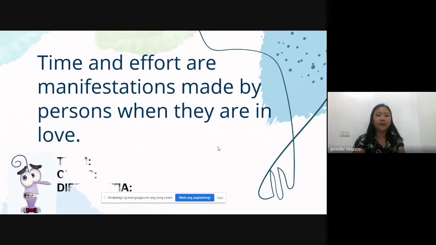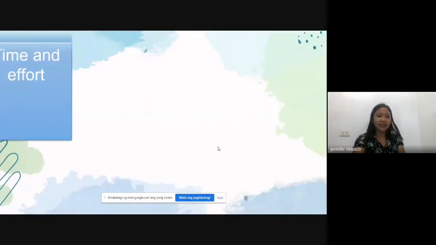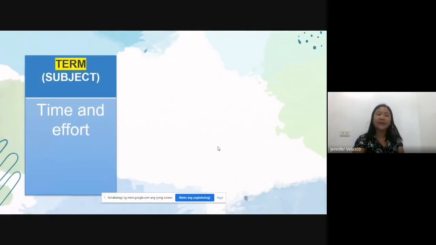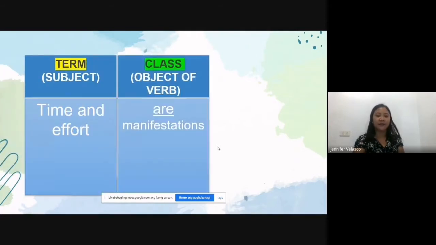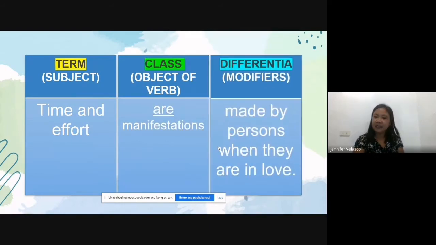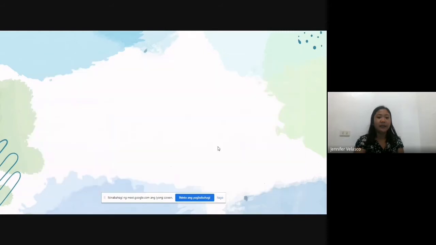Now, let's move. Here's the answer a while ago. The subject, time and effort. The class, manifestations, and the differentia, made by persons when they are in love. I hope it's getting clear. Let's move with the second one.